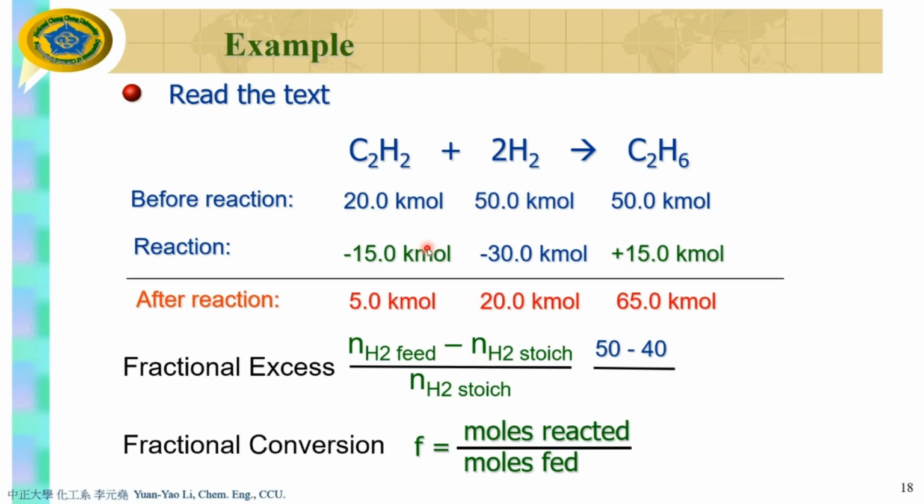And then according to this stoichiometric equation, you know how many hydrogen need to be consumed. If it is 20 here, you need 40. So you have to minus 40, and the moles of the stoichiometric will be 40. Okay, so this is the answer.